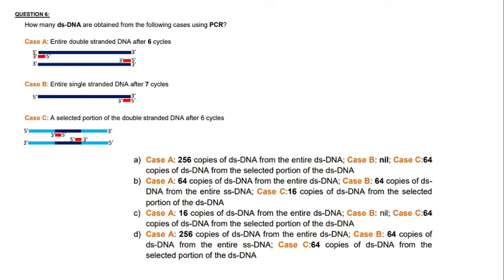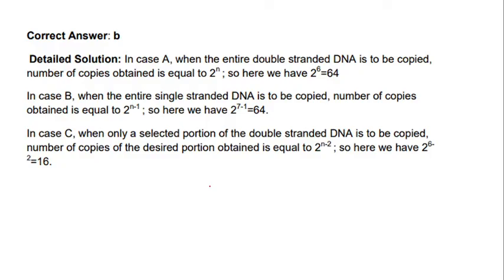It is asking after 6 cycles. So what will be the correct answer for this? Any one of you? It will be 2 to the power 6, right? Okay, so 2 to the power 6 is 64.